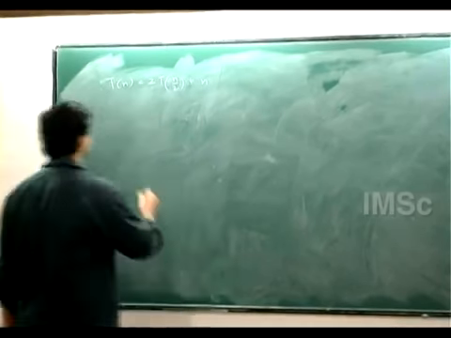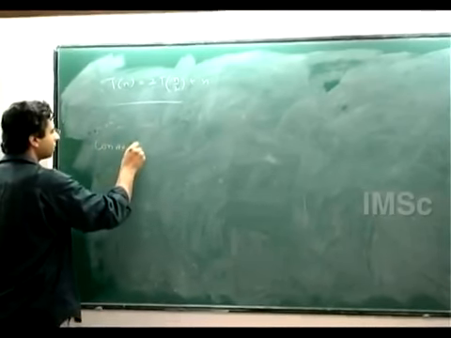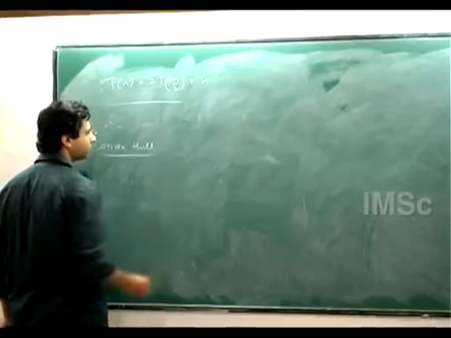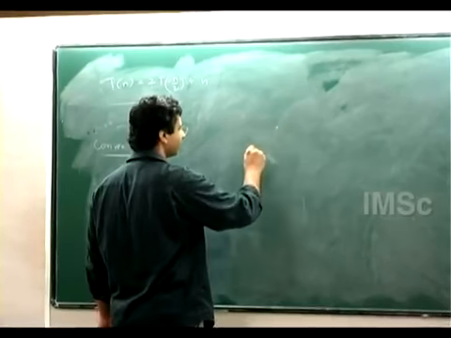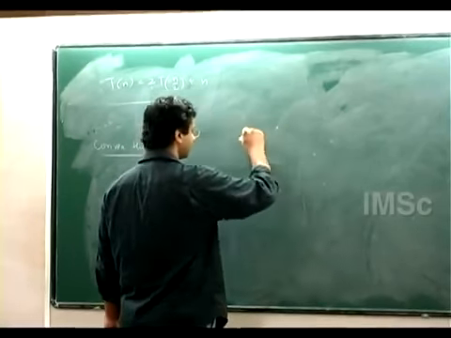Okay. So let's see. What is a convex hull of a set of points? Suppose I have these points. Let's say these points are pegs put at these points.